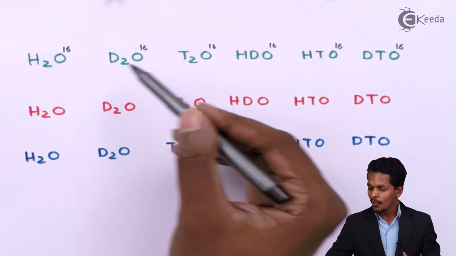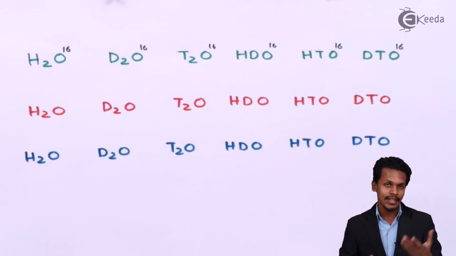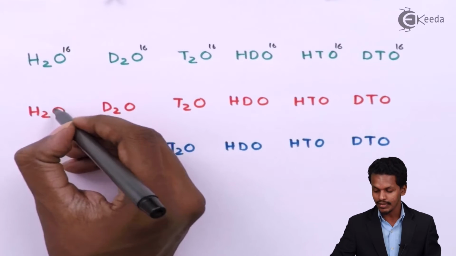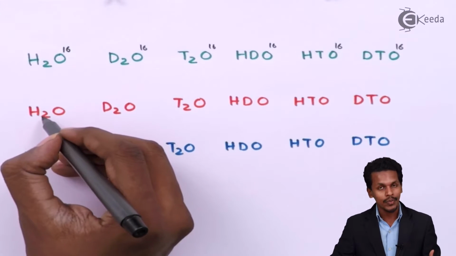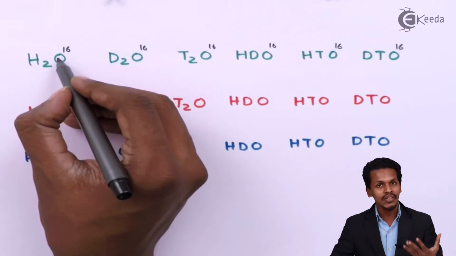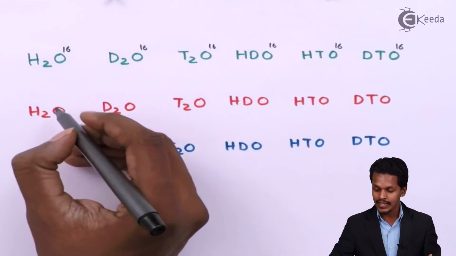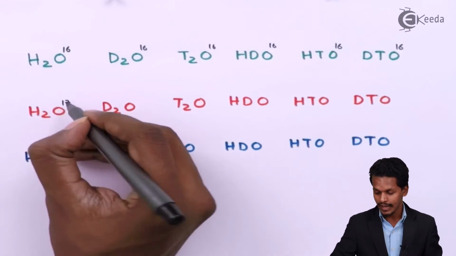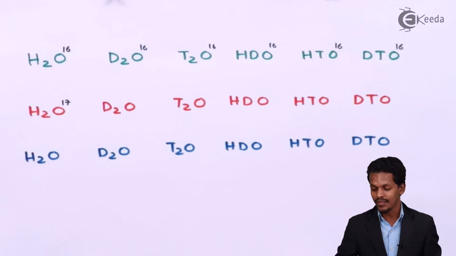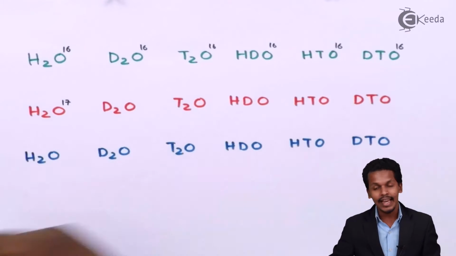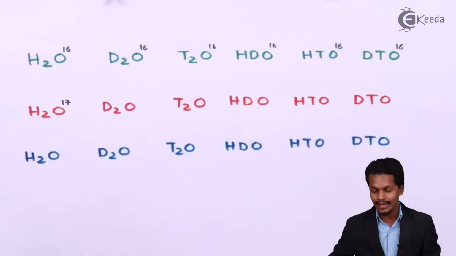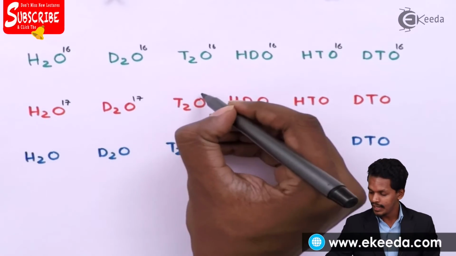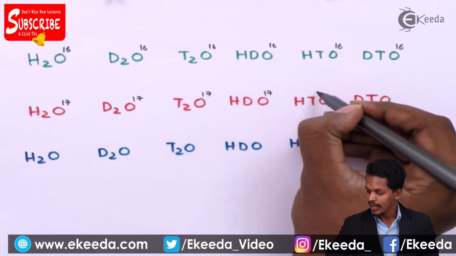Talking about the other isotopes of water, here the oxygen attached to H2 is not the oxygen which is present in an abundant amount. In fact, this is an isotope of oxygen with an atomic mass number of 17. It goes with every case that I have mentioned in red ink, so it belongs to every molecule.